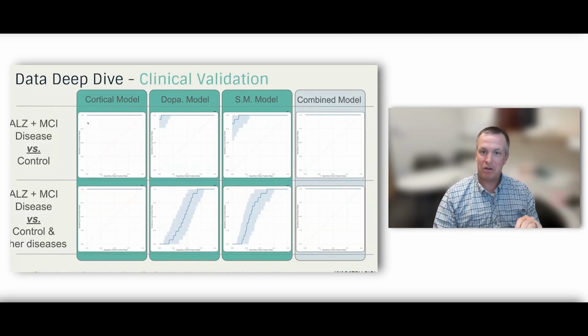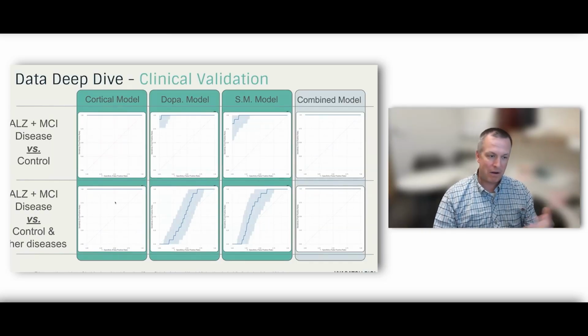This pattern only becomes more pronounced when we look at things like Parkinson's disease and ALS. But if we look at Alzheimer's disease versus control, the cortical model identifies it very nicely. Even the dopaminergic and spinal motor neurons identify it nicely because there are pan-neuronal signals. But the combined model always performs as good as anything else, better than anything else.